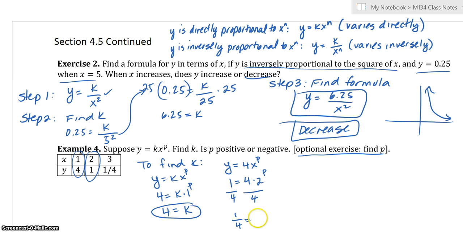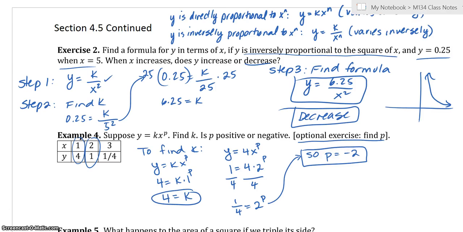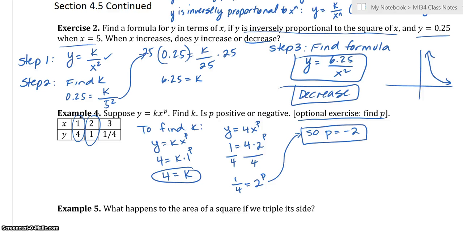Now this one, you can see that p is going to be -2, right? Because it's a fraction. 2 to the -2 is 1/4. So p is going to be -2. Using logs, you can also solve for p. But since this is in section 4.5, the book doesn't think that you have done logs yet. Okay, so that is that.